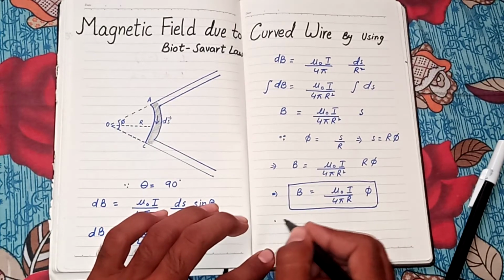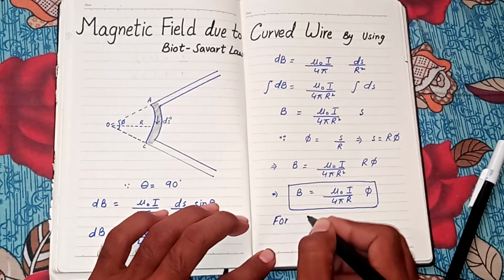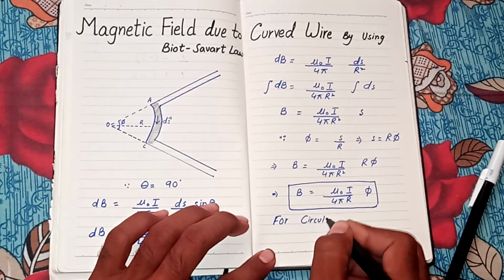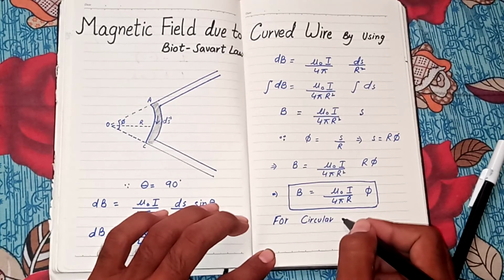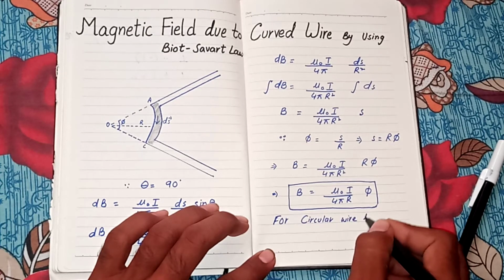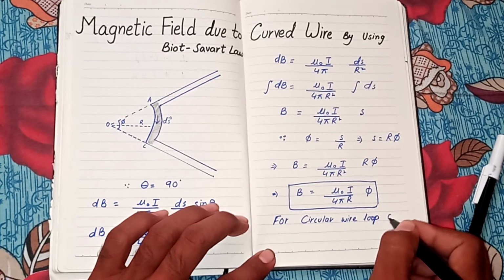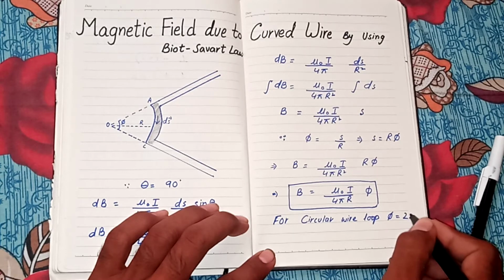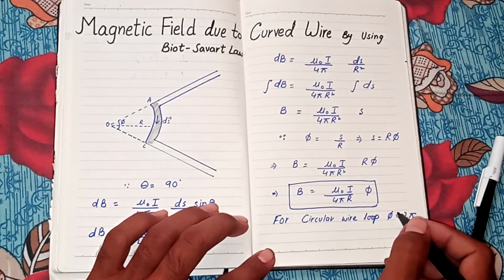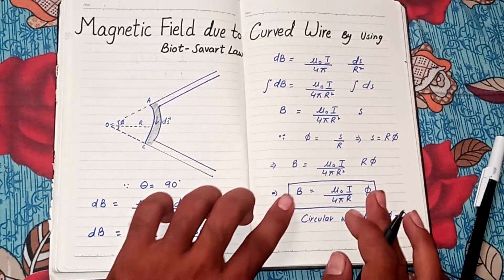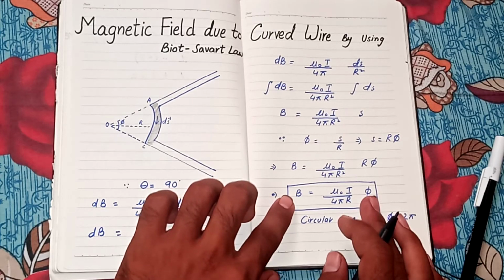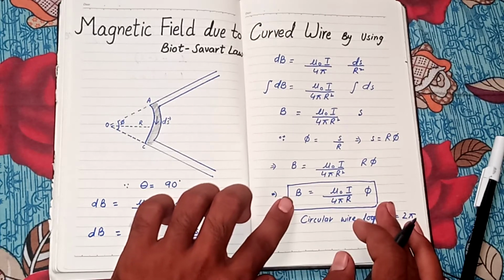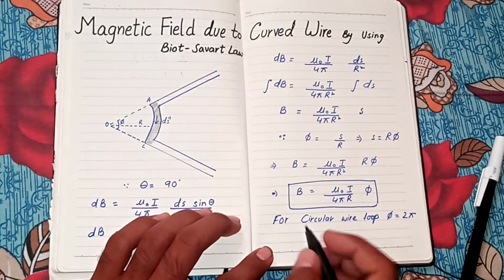Therefore, for circular wire loop, phi equals 2 pi. Therefore, we are modifying this equation to find magnetic field at center of circular wire loop.